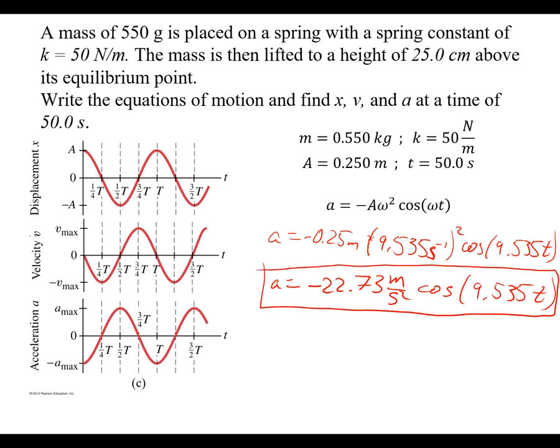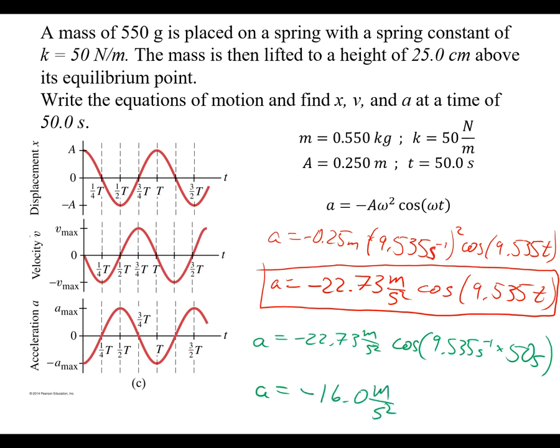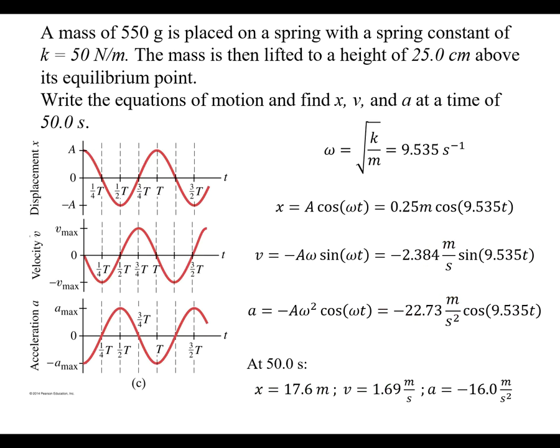All right, last but not least, let's calculate what the acceleration would be at 50 seconds. Negative 22.73 meters per second squared times the cosine of 9.535 inverse seconds times 50 seconds gives us an acceleration of negative 16.0 meters per second squared. So in summary, we found that omega is 9.535 inverse seconds.